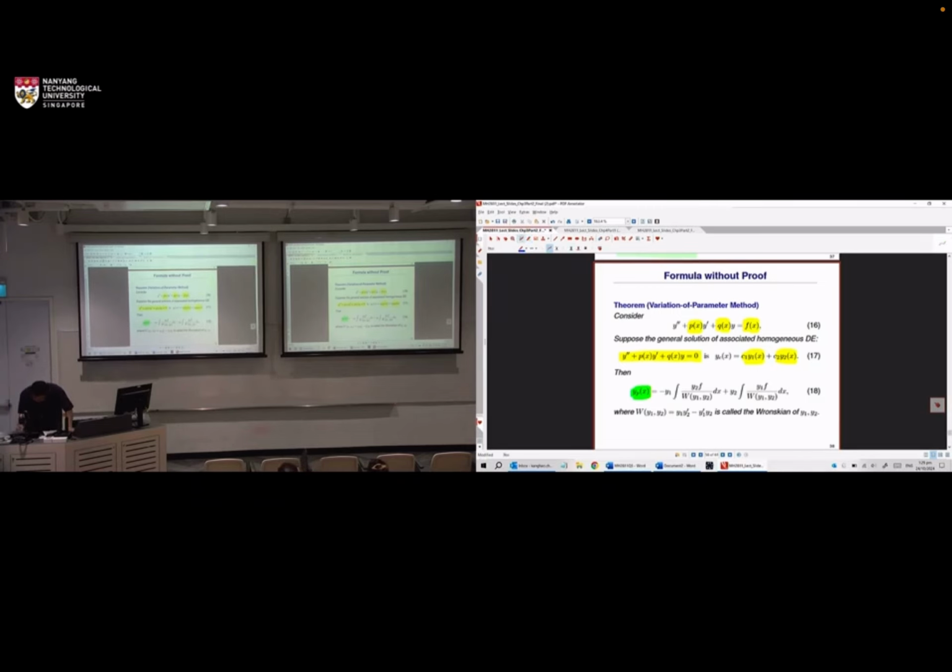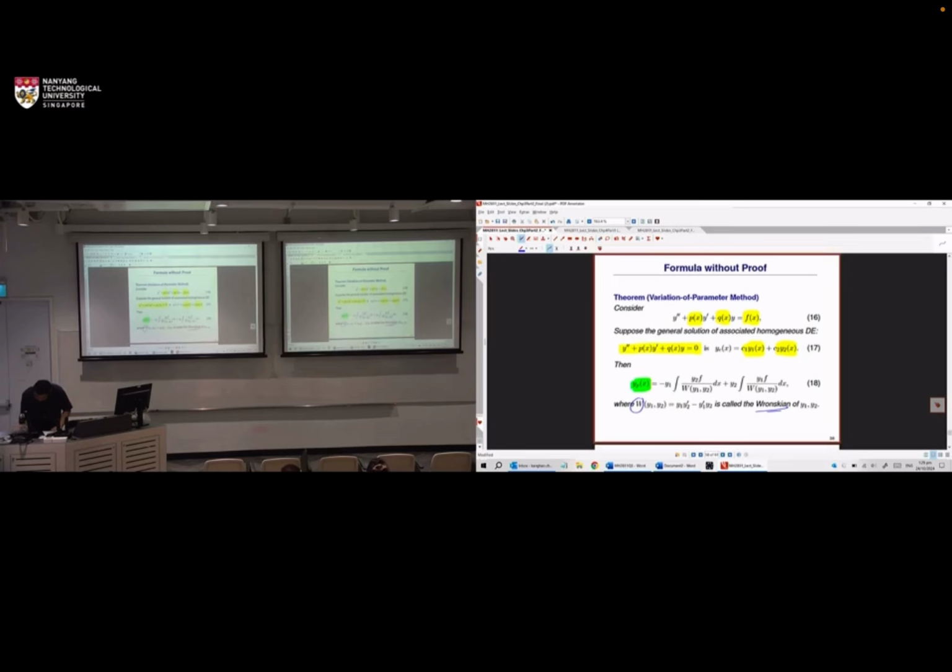This W term here is the Wronskian. The Wronskian formula is as follows. With y1, y2, and then y1 prime and y2 prime, this will give you y1 y2 prime minus y1 prime y2.